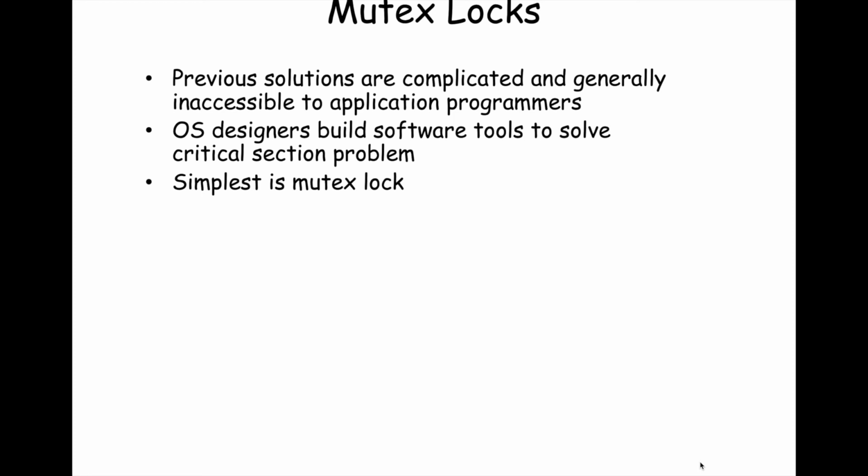Those services are presented as APIs in a particular language of implementation. The critical section problem solutions have been provided by operating systems engineers, and you access these APIs through a language binding or through a set of constructs in the language.